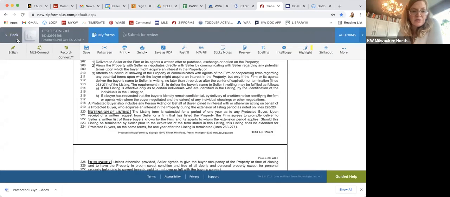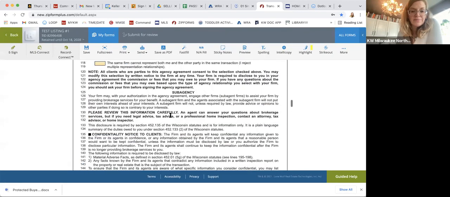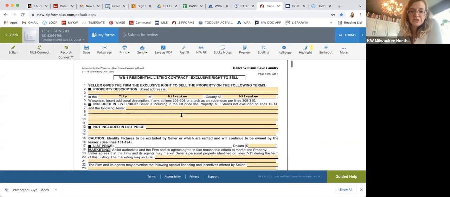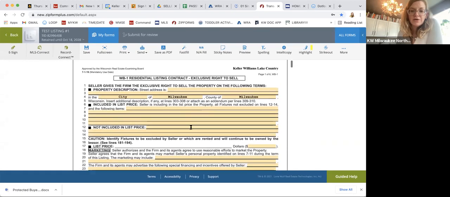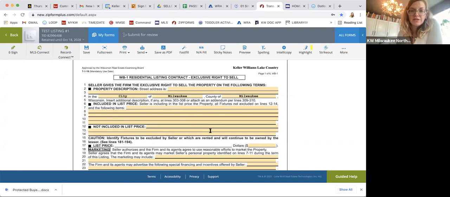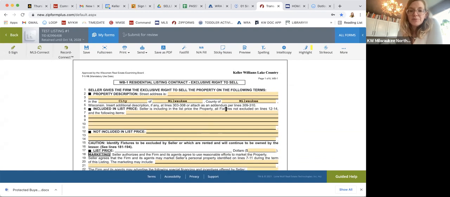Okay, so we're going to stick to the listing contract for now, and I'm going to describe a single party listing contract. If you have a single party listing contract, you are going to strike exclusive right to sell, and you are going to write in single party listing contract.